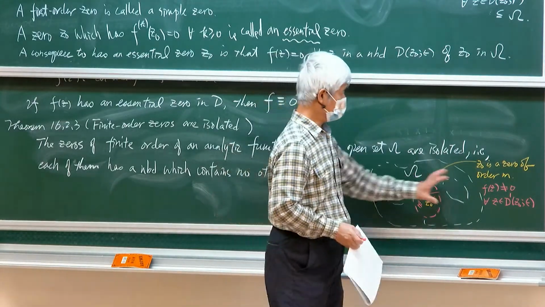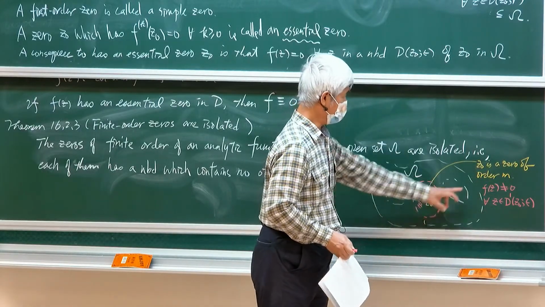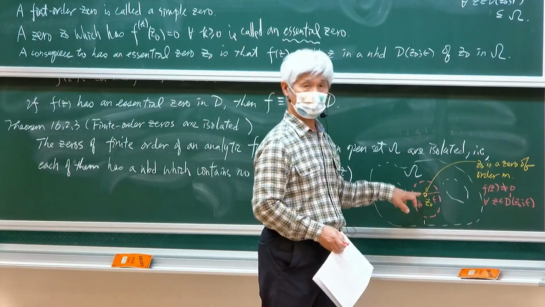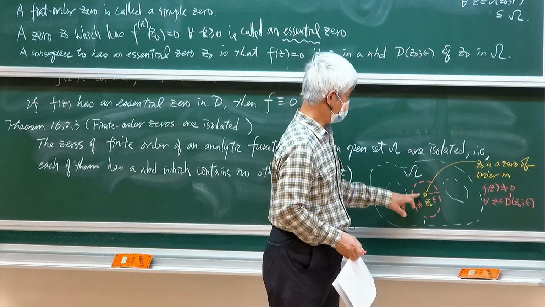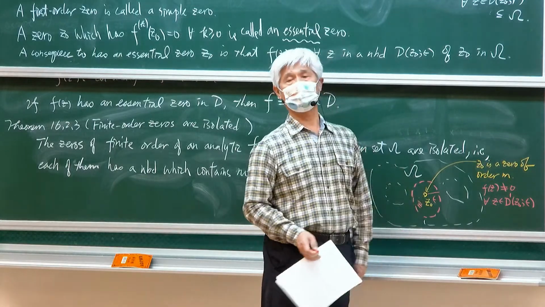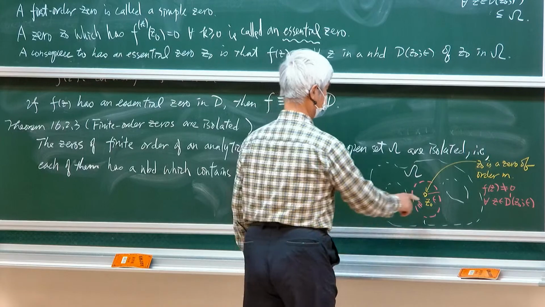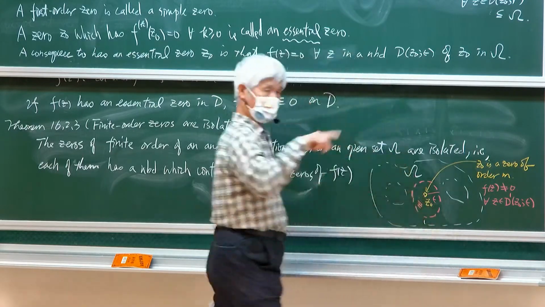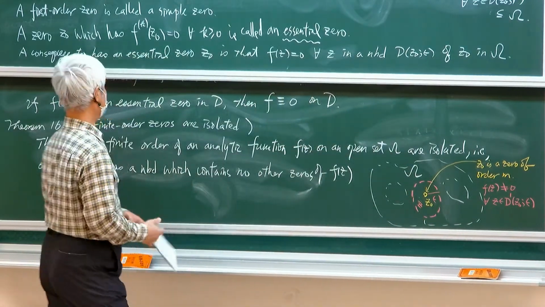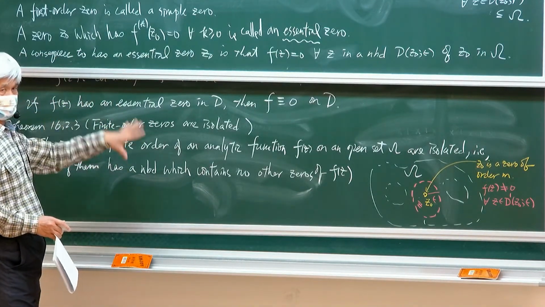So the behavior of the function in this neighborhood is that all the function values will be non-zero except the center. This is saying that this zero has been isolated. So finite order zeros are isolated.